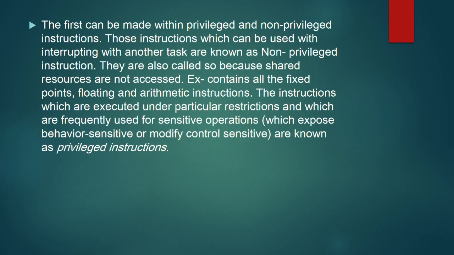There are privileged and non-privileged instructions available in the machine reference model. The non-privileged ones contain all the fixed point, floating point, and arithmetic instructions. The instructions which are executed under particular restrictions and which are frequently used for sensitive operations are known as privileged instructions.